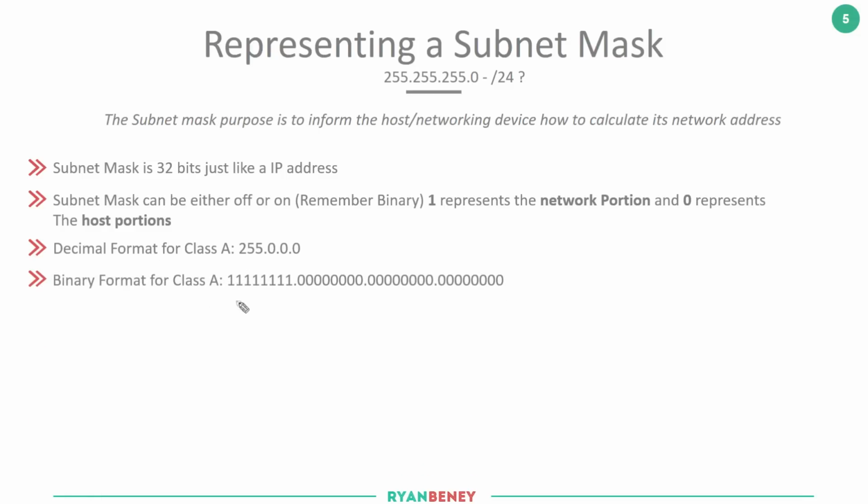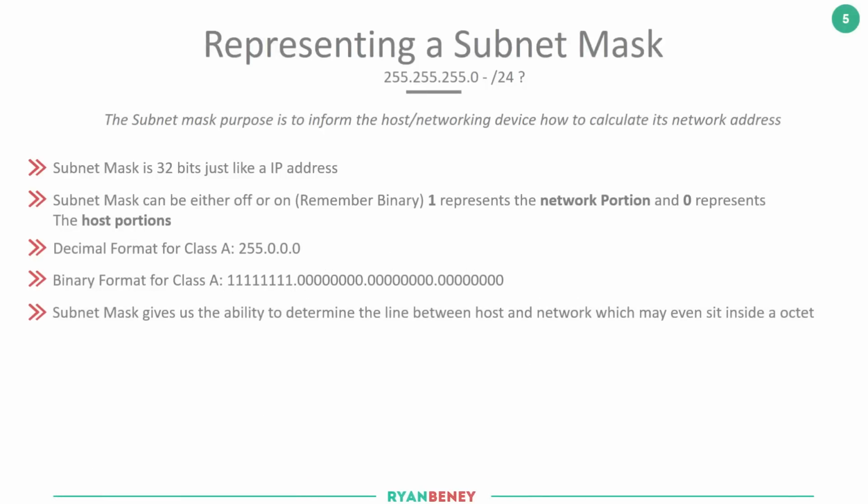You'll notice in binary, having all the ones turned on in the first octet equals 255 in decimal. And you can see the 3 host octets are all set to 0. The reason they're host is because, like we said on this second bullet point, 1 represents the network piece, so the first 8 bits are for the network, and 0 represents the host, so that means the remaining 3 octets are for the host.